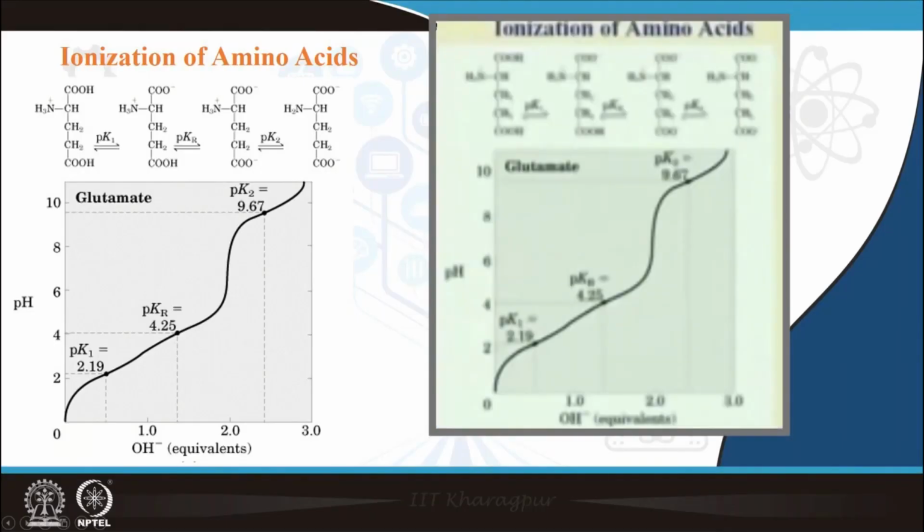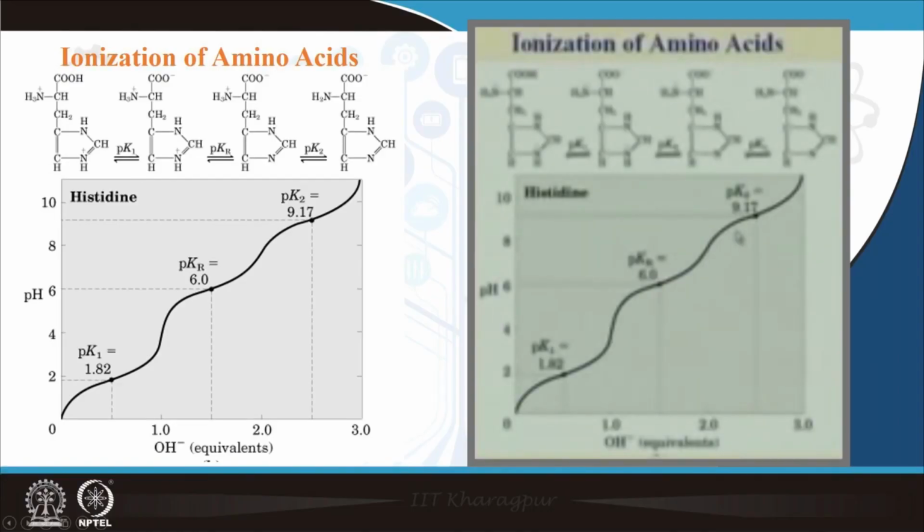So we have the side chain one that we are now going to lose. Then we lose the amine one. So what do I have in my curve here? I have a pK1 value. I have a pKr value. What is the pKr? R is the side chain, so it corresponds to the side chain. Then we have a pK2 value corresponding to the amine. Okay?